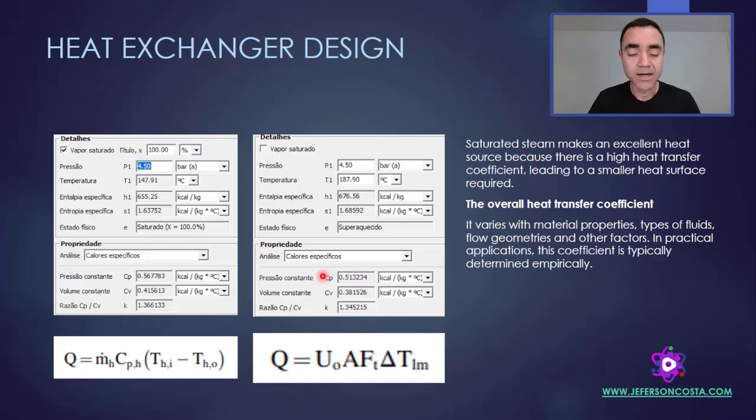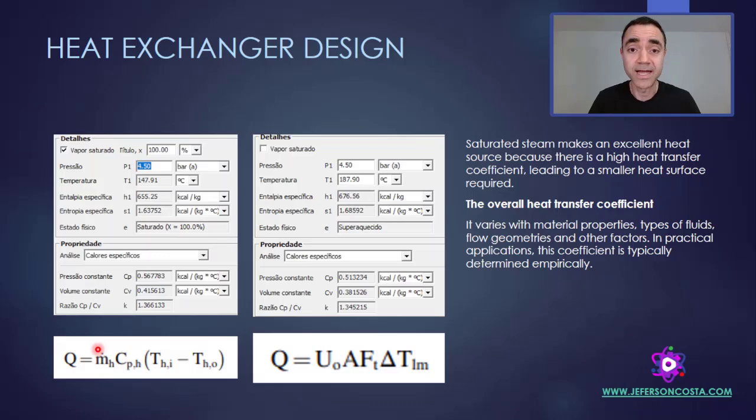If I evaluate now, instead of verifying the specific enthalpy, if I verify the specific heat, you can verify that my saturated steam has 0.57, rounding up. That is higher than the superheated steam that has 0.51. So it means that for the same delta T, as I have a higher CP in the saturated steam, I will need less mass of steam to be used in my process.